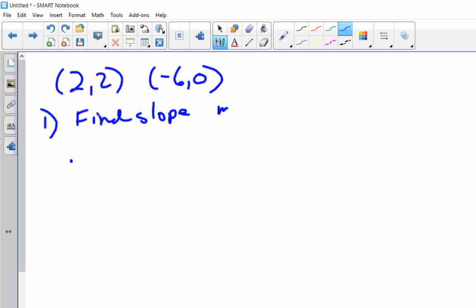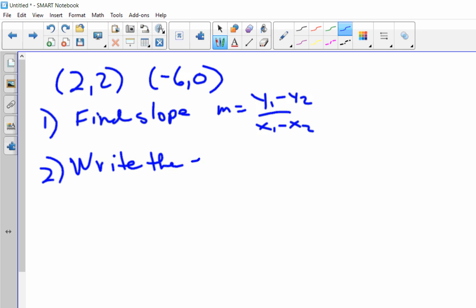Remember, find the slope was this. And then I'm going to have to write the equation of the line. Okay, so that's just doing what we just did, using point slope or using the slope intercept form and being able to write the equation.